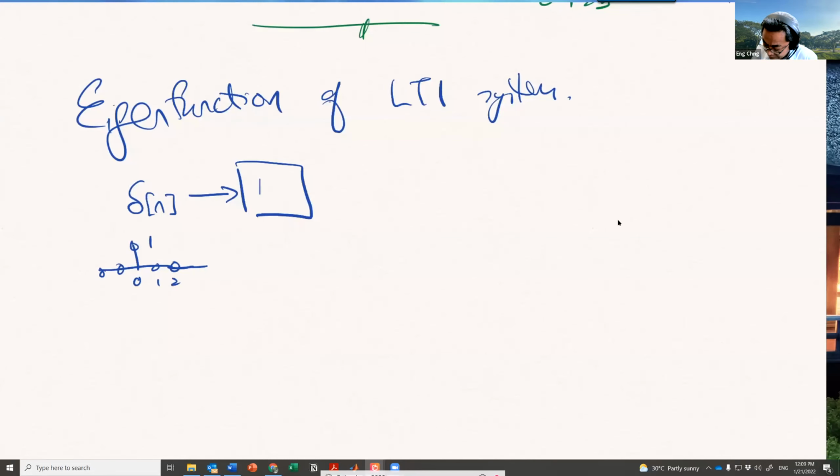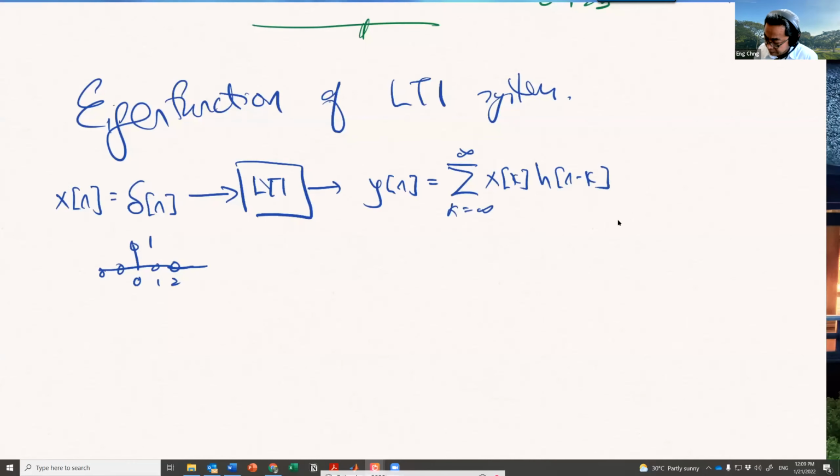And this is the LTI system. And by now, you know that the output equals the sum of x of k, which is the input, h of n minus k, the convolution equation. And this is x of n. Now, if you are lazy to write this equation, you can write it in this form. This operator is the same as the above equation over here.